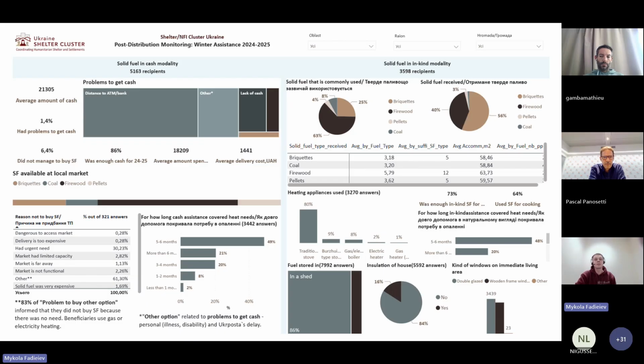The other main reason is that it is simpler and more convenient for older persons, because briquettes are lightweight. For older persons and other people with limited mobility, it's a very good type of solid fuel compared to firewood, for example. I will not stop here. Maybe you have more questions during the Q&A session on the dashboard, because there are many more findings based on this instrument.